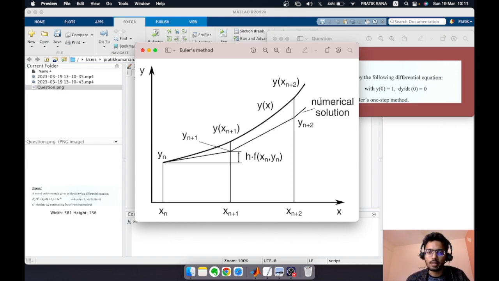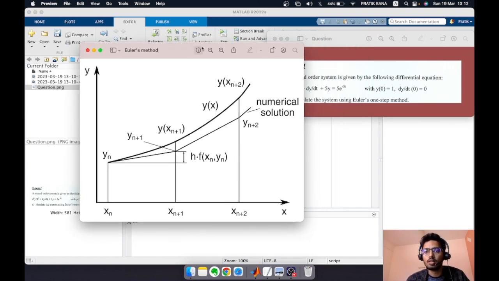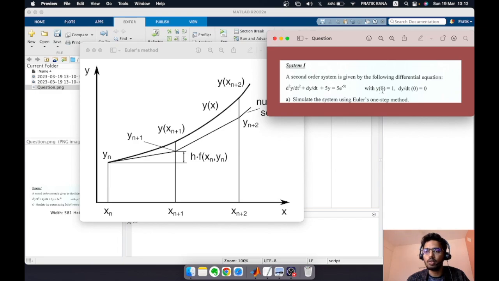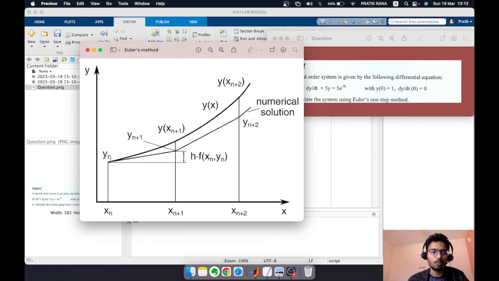Euler's method is a numerical method, so it works in iterations. In each iteration it will compute the value of y using the previous value of y as well as the slope at that particular point. At 0 we know the value of y and the slope of the curve. Suppose this is the beginning where we know the initial conditions; we know the value of y as well as the slope at this particular point.